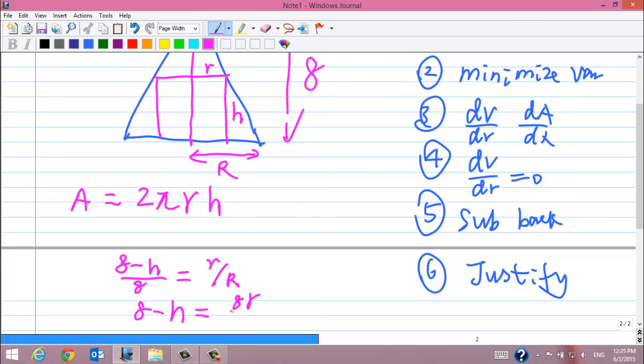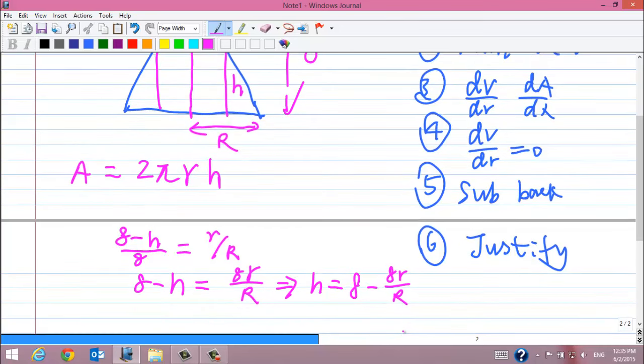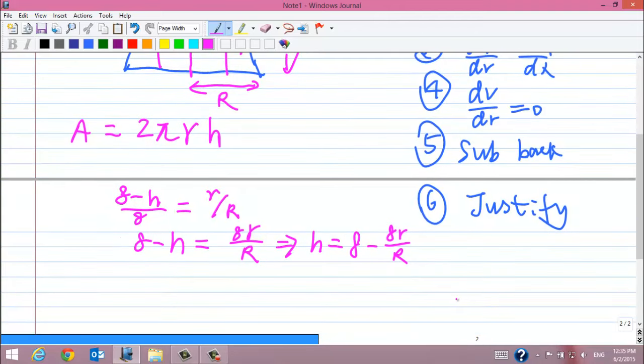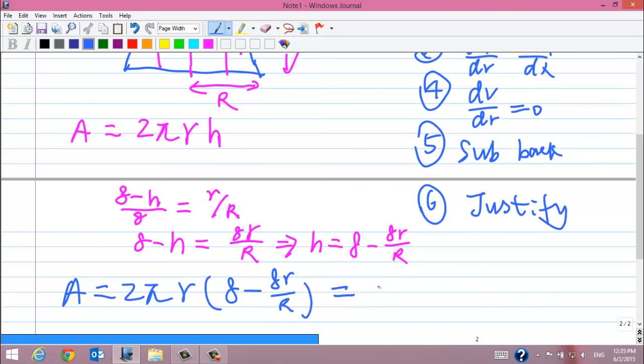So 8r over R, we can get h equal to 8 minus 8r over R. Now we're ready to do the second step, minimize the variable. So now you sub back into the A, it's going to be 2 pi r, h you change to 8 minus 8r over R. You simplify, you will get the proof part.